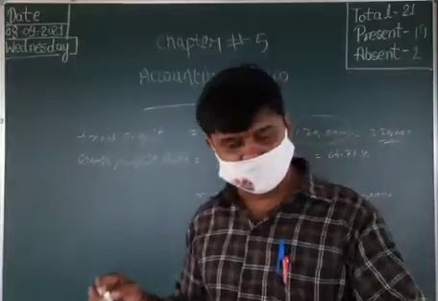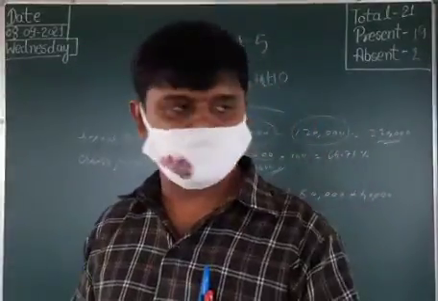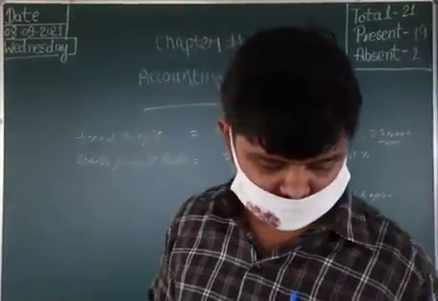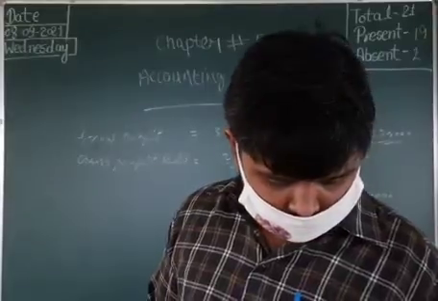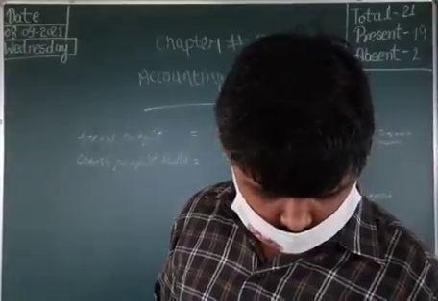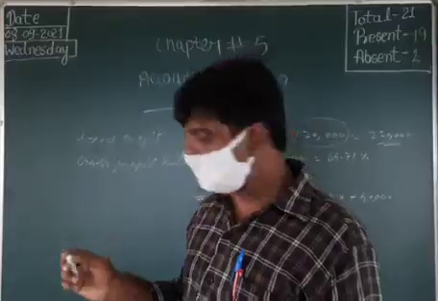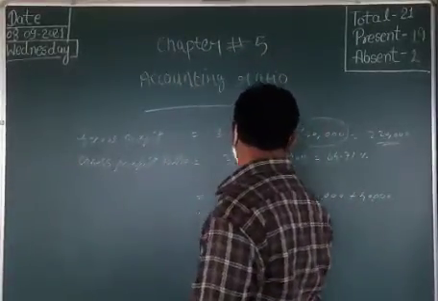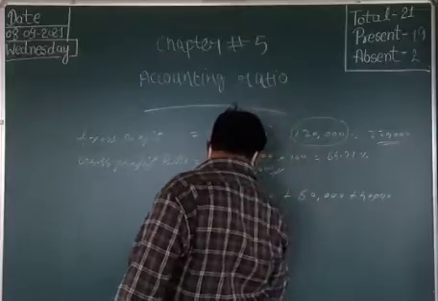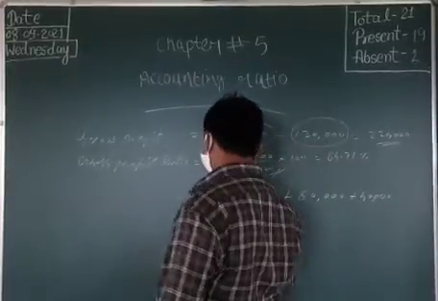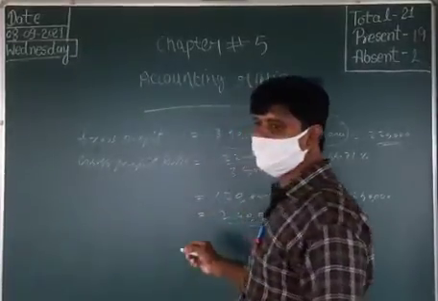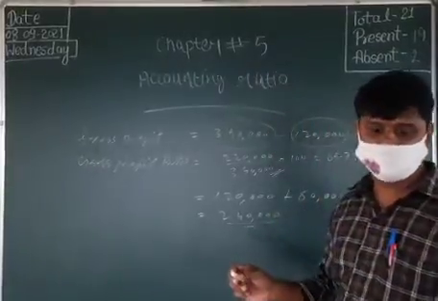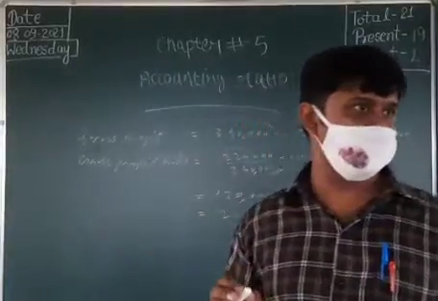So you have to see in the question what expenses are given, and direct expenses are given. Next year, how much amount did we get? 40,000. Then, is there anything you want to find out? Operating cost ratio.